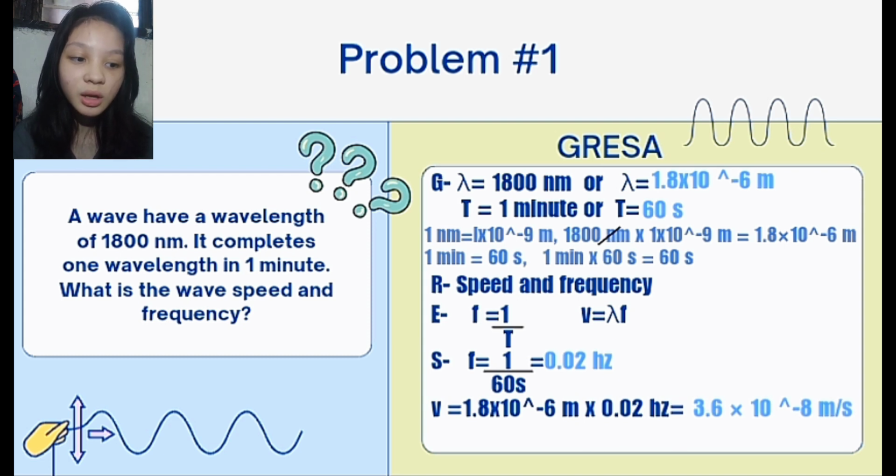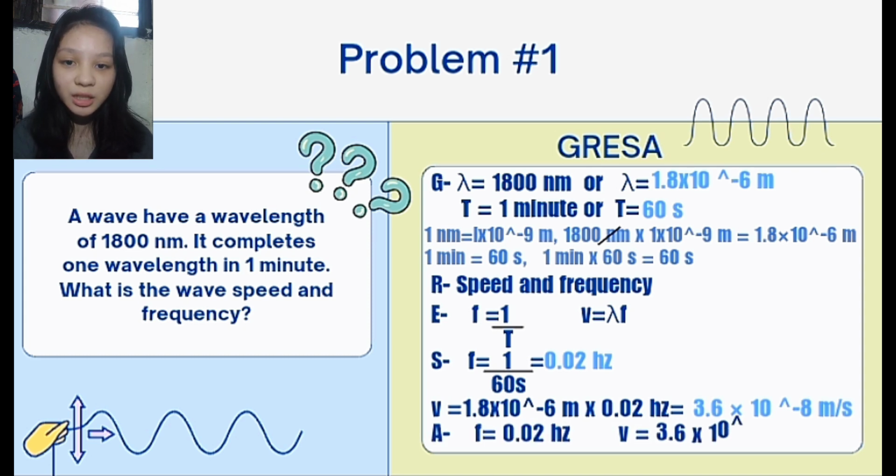Frequency is equal to 1 over 60 seconds, and speed is equal to 1.8 times 10 raised to negative 6 meters times 0.02 hertz. That gives us the answer: frequency is equal to 0.02 hertz and speed is equal to 3.6 times 10 raised to negative 8 meters per second.